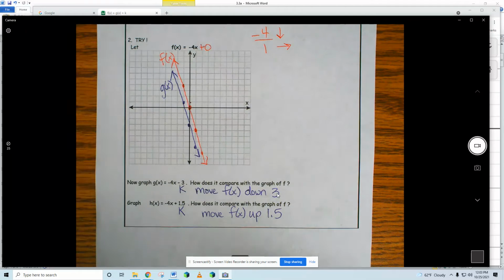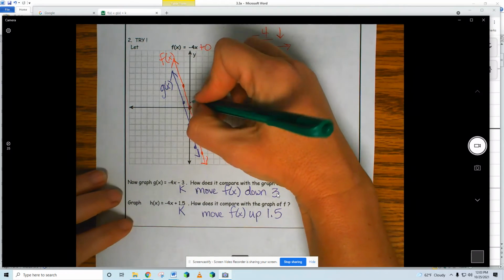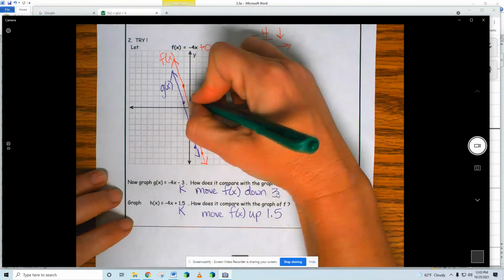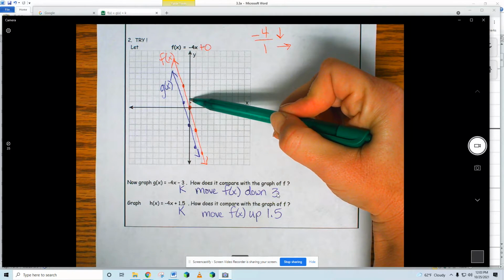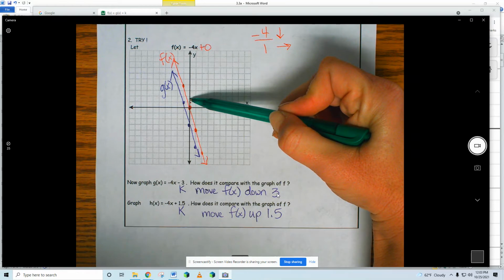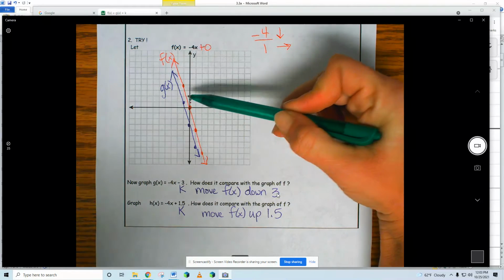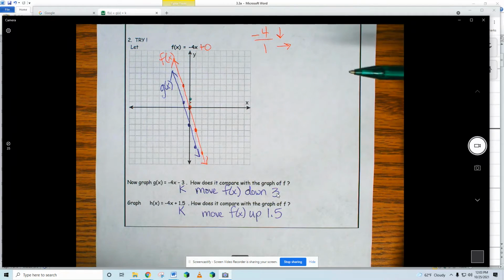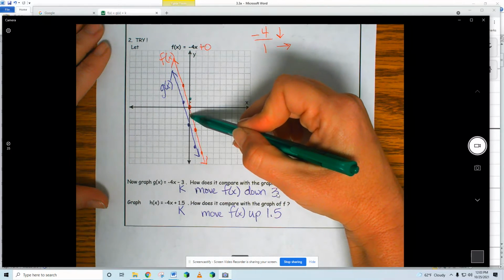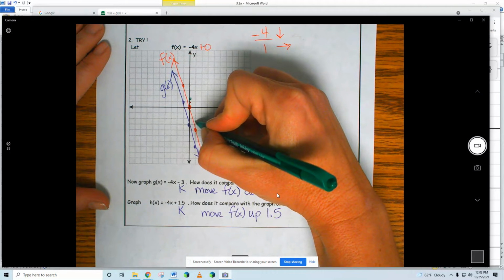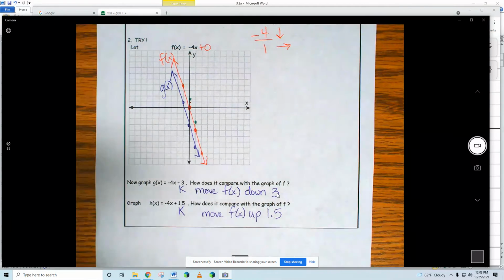Please plot first a y-intercept of 1.5. 1.5 is in between 1 and 2. Right there. See it? And if I'm going to go down 4, then I need to make sure that I'm in the middle of the box every time. Down 1, down 2, down 3, down 4, over 1. I'm still in the middle of a box. I never hit a little corner.